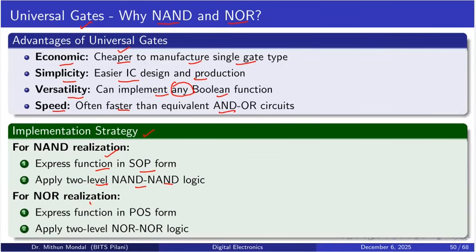Whereas for NOR realization, we will express the function in the form of POS, that is product of sums, and apply two-level NOR logic. So for NAND, we will use the SOP, that is sum of products, and for NOR, we will be using the product of sums form.